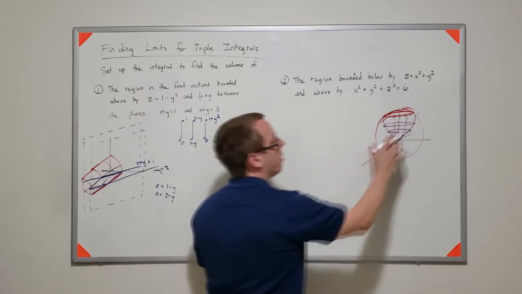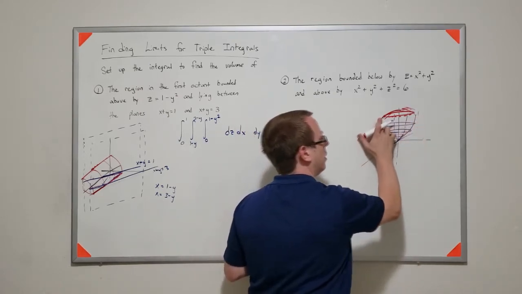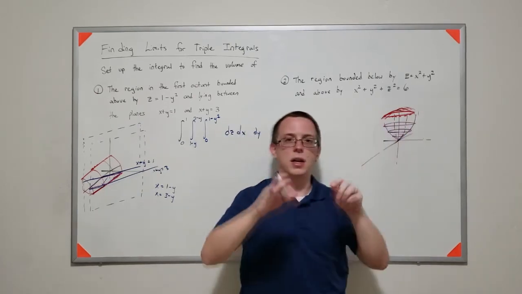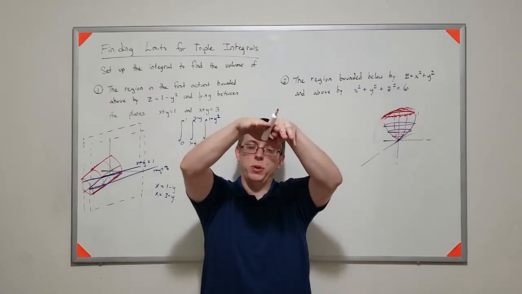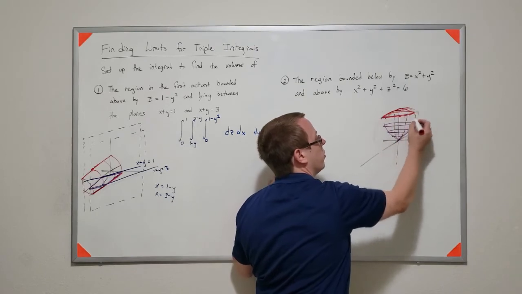So what you're going to have is something like that, where it opens up and then on the top is some sort of sphere. So it kind of opens up and there's some little rounded top where these things intersect.